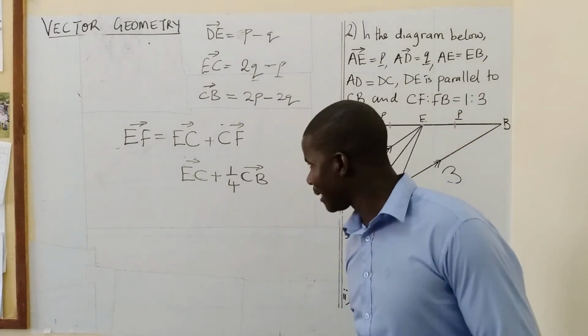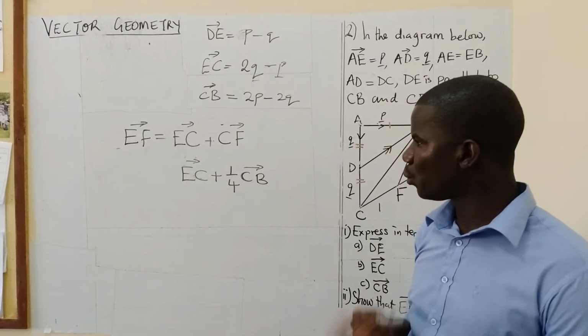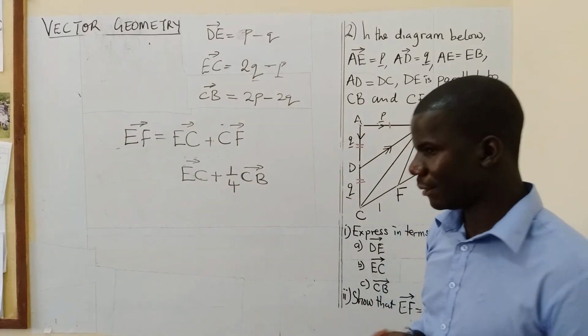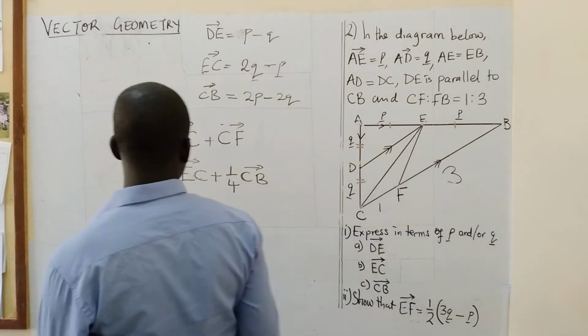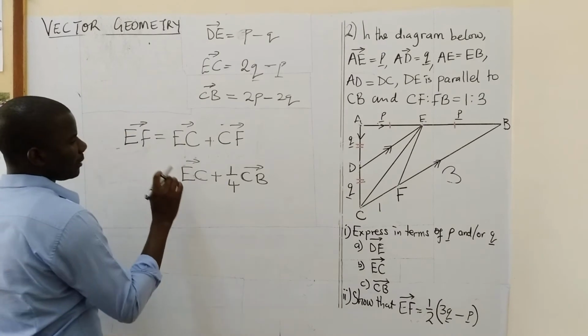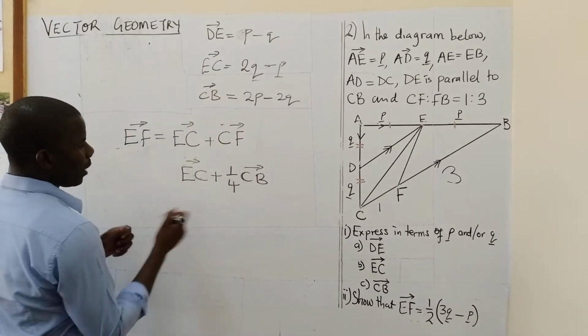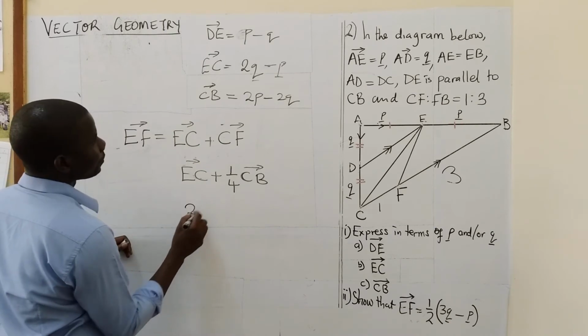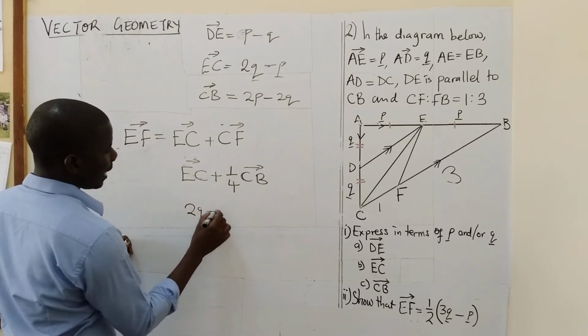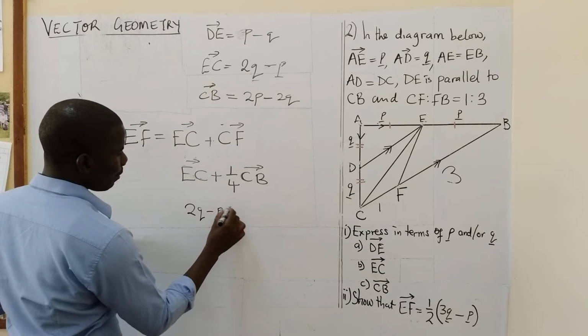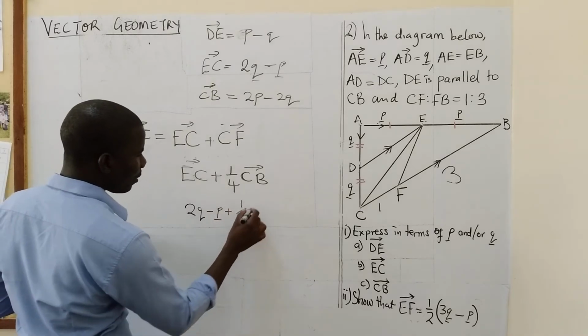Having done this, at this point we need to replace our EC. Our EC is 2q minus p plus 1 over 4.